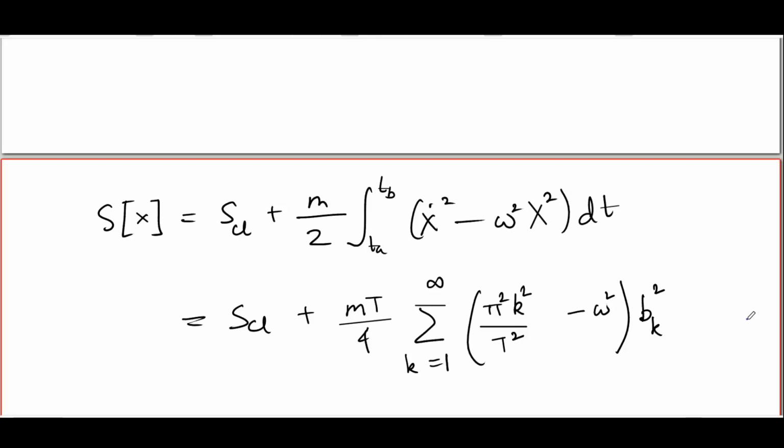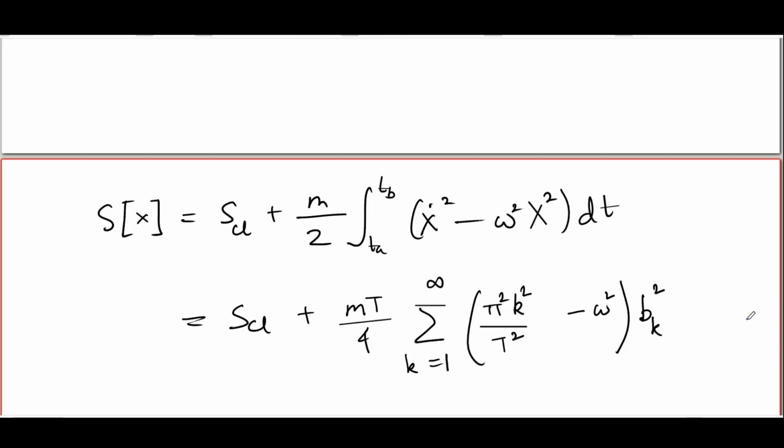All the variation is to quadratic order in the bk's. So, to first order there is no variation. But quadratic variations could even bring the action down. You get more and more negative coefficients if capital T exceeds more and more multiples of pi by omega.